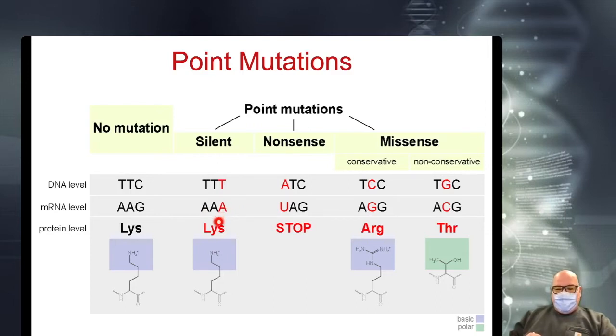Okay, there's also the nonsense mutation, and that would be coding for ATC, which changes that A to a U, and you get the stop codon, which is going to cut the protein short, and it's probably going to be, like the description, nonsense. All right, missense, there are two ways that can happen.